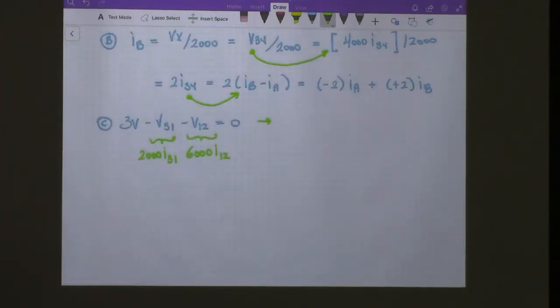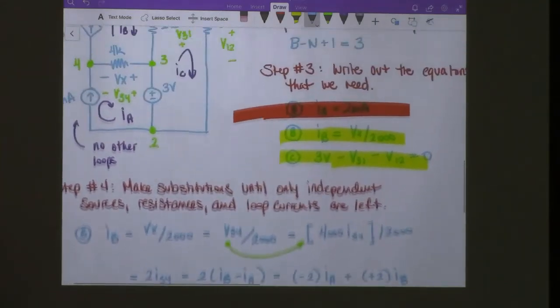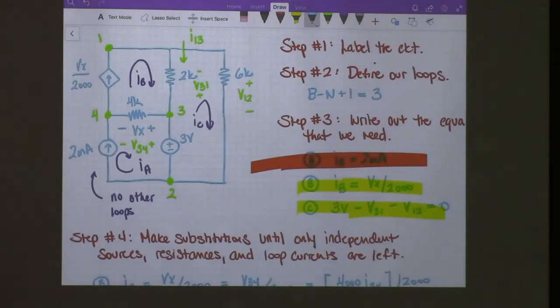Actually, I'll write it below. All right, so let's start off with 3-1. Actually, let's start off with 1-2. That's the easier one. So what is the current I12?